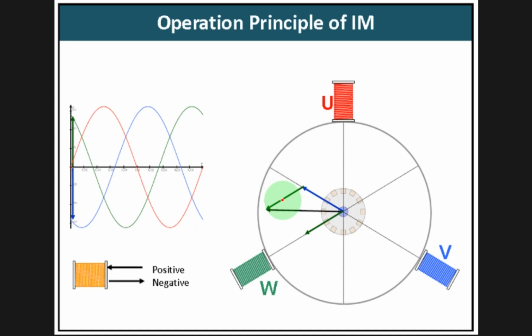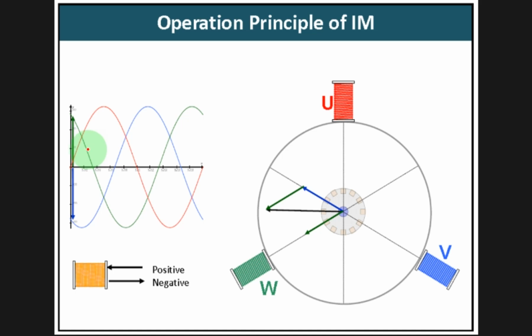So in that case the green one and the red one are both positive at this particular instant. We are looking at the very first instant here, t equals 0. Actually the red one is 0, only the green one is there, and the blue one is negative.